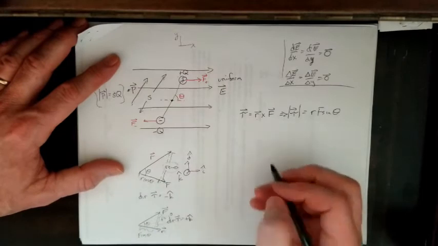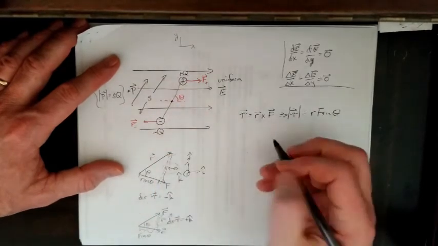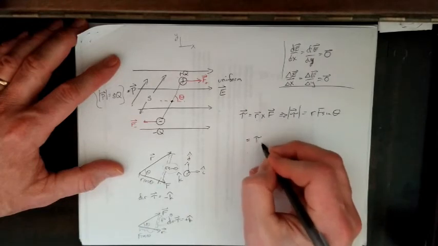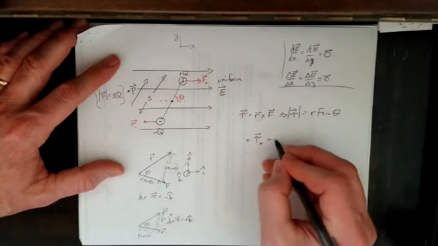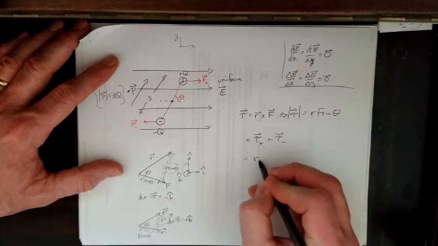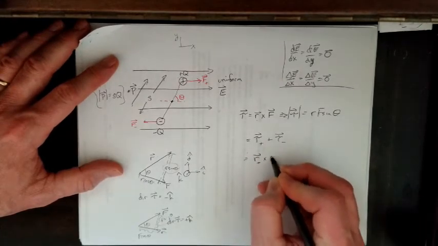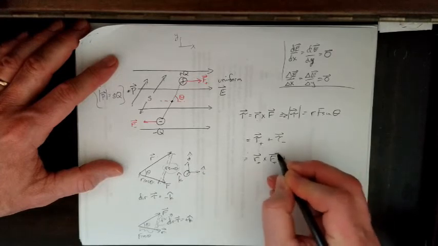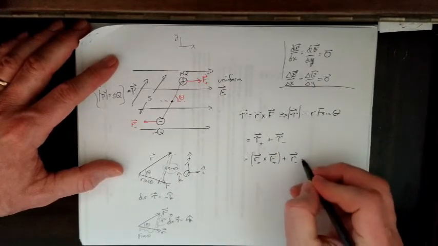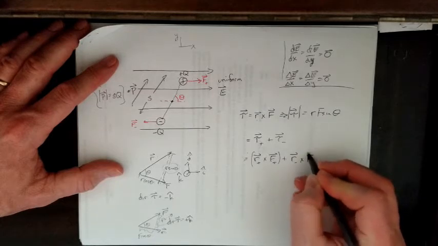So for the first torque, well, let's do it this way. Torque is equal to the torque acting on the positive charge plus the torque acting on the negative charge. So this would be r positive cross f positive, plus r negative, the moment arm to the negative charge, cross the force on the negative charge.